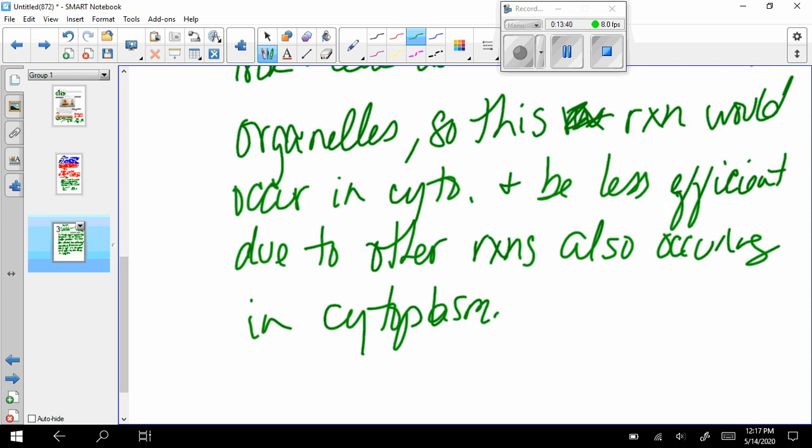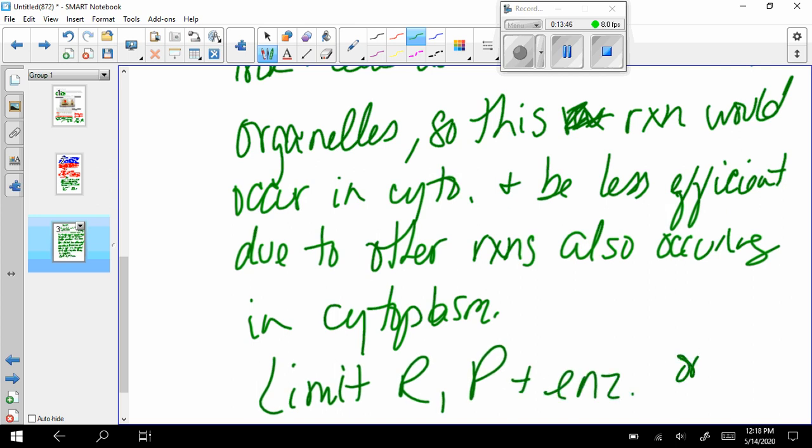You want to limit the reactants, the products, and the enzymes, and that is exactly what membrane-bound organelles do. So again, based on your time, you could go into more and more detail on that one. All right, thanks.